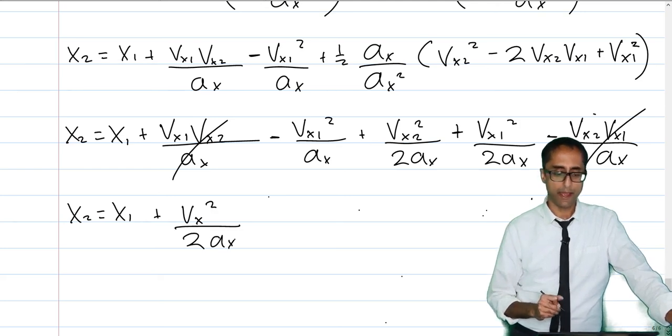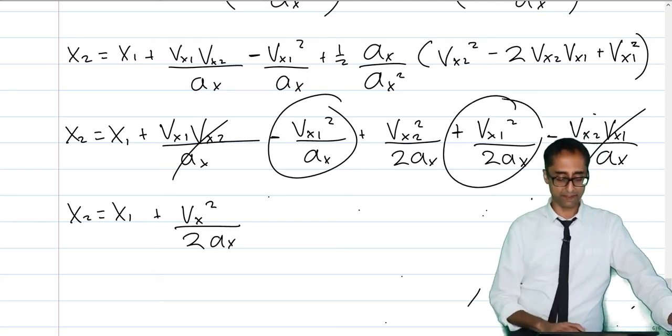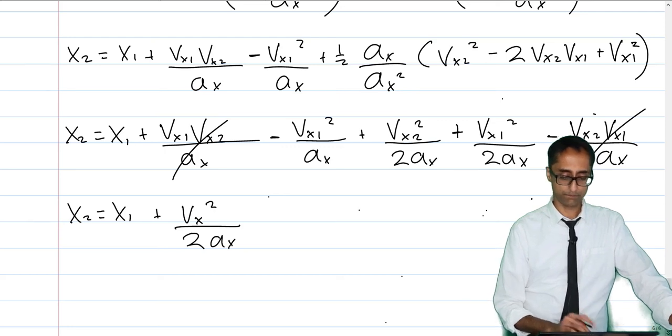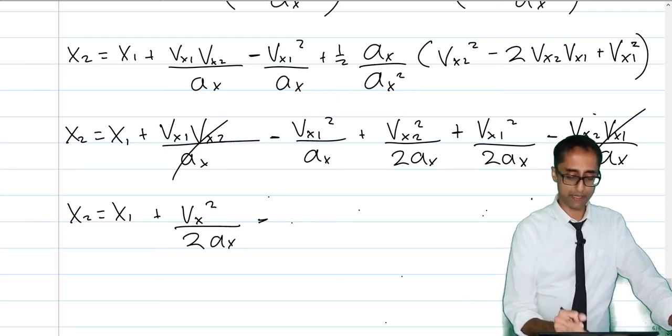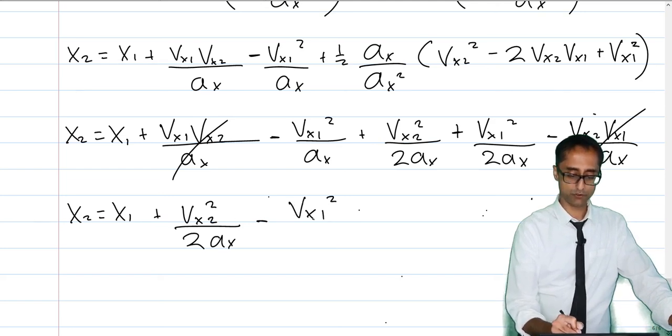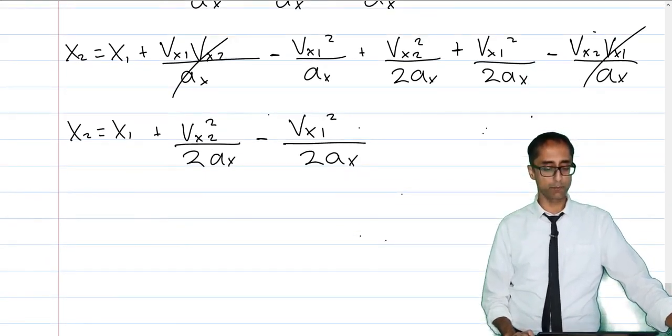That looks good. And then I have a negative 1 plus a half, giving me a negative half. And so this becomes minus Vx1 squared, all divided by 2ax. Again, looking very, very hairy.